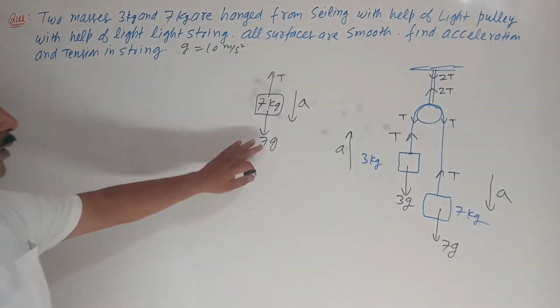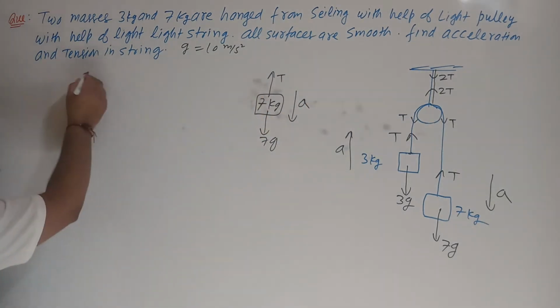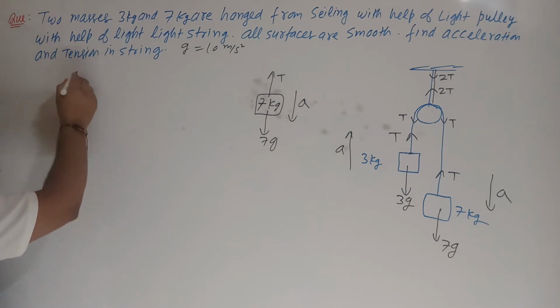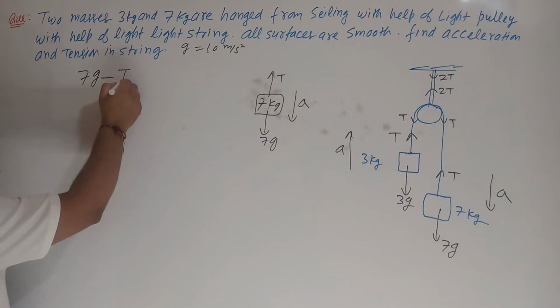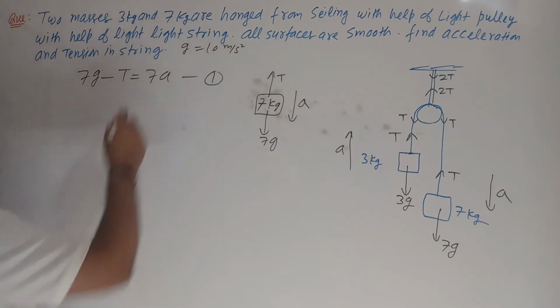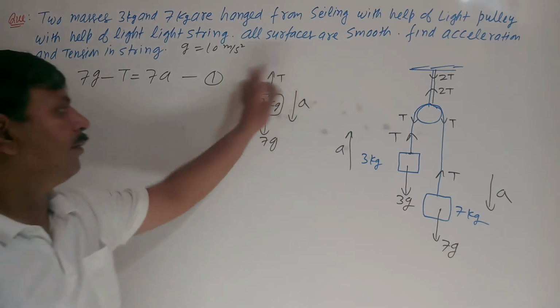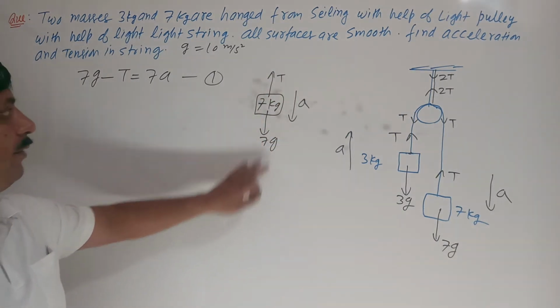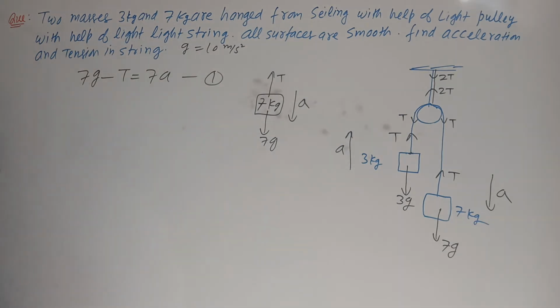So what will be the equation? Net force will be 7g minus T is equal to 7a. With the help of the free body diagram of 7 kg, the equation has come: 7g minus T is equal to 7a.